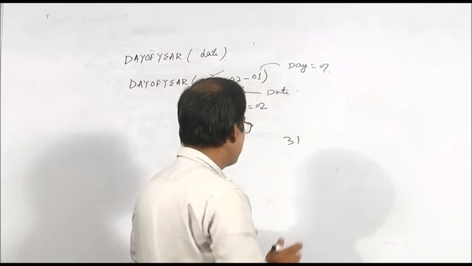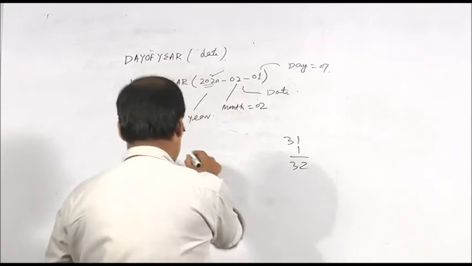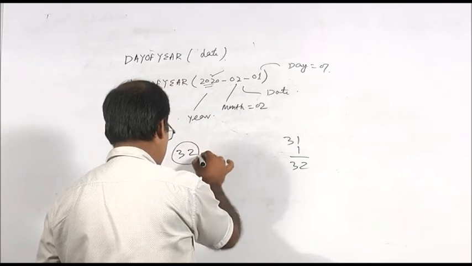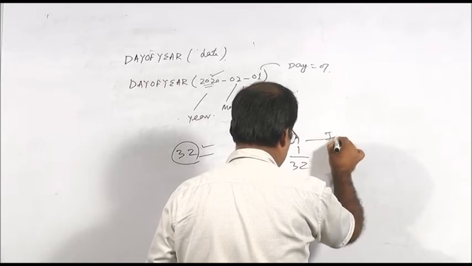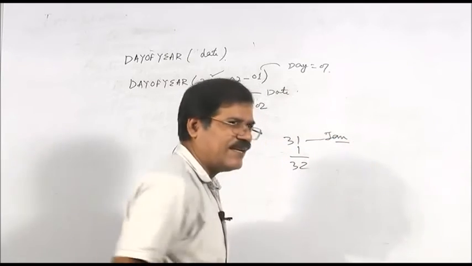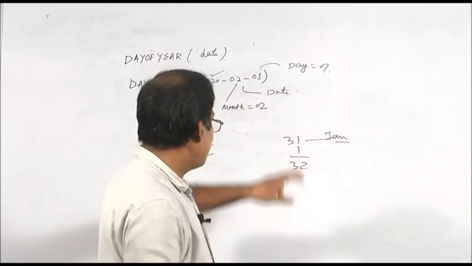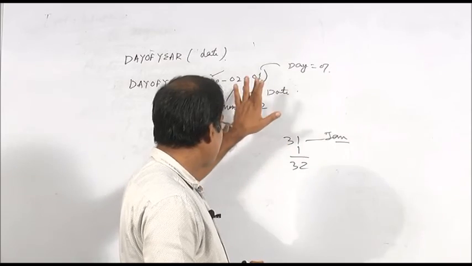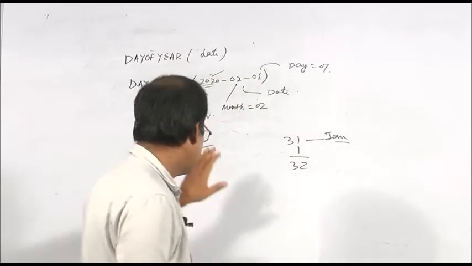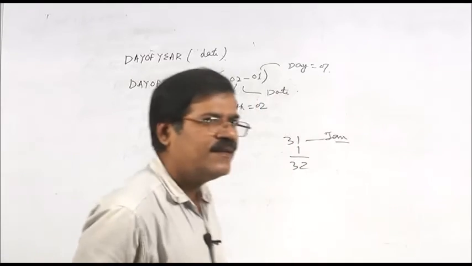Then 1st February is the 1st day, so total is 32. So 1st February is the 32nd day of the year. 31 plus 1 is 32, so the value will be 32.